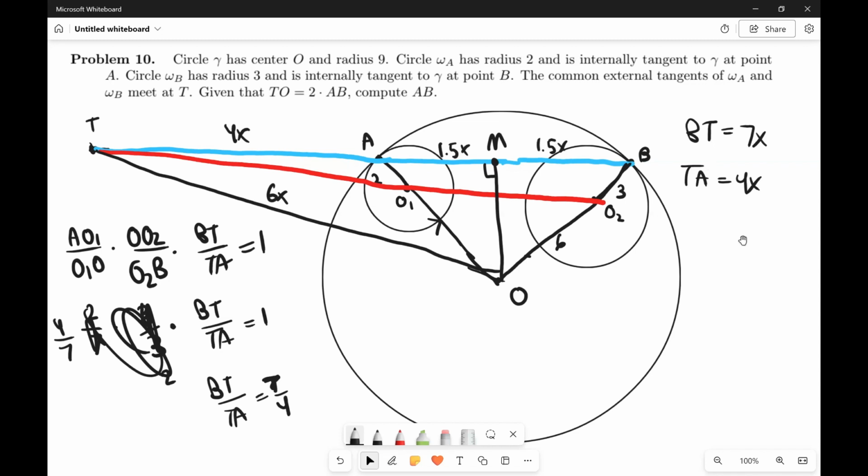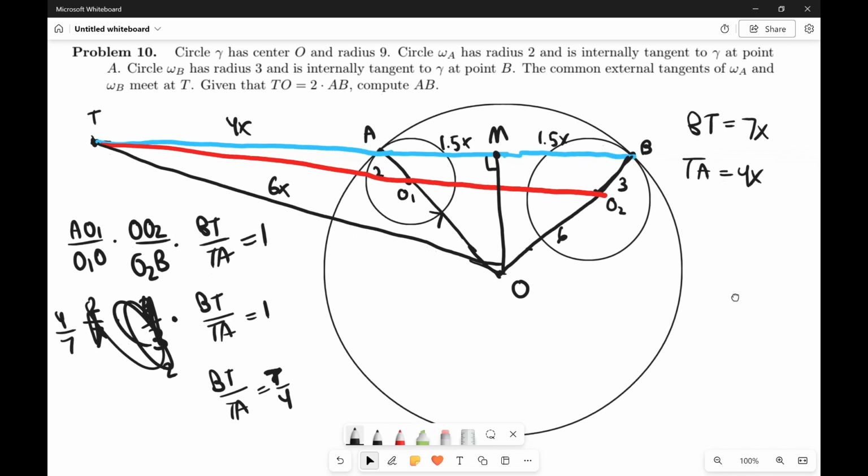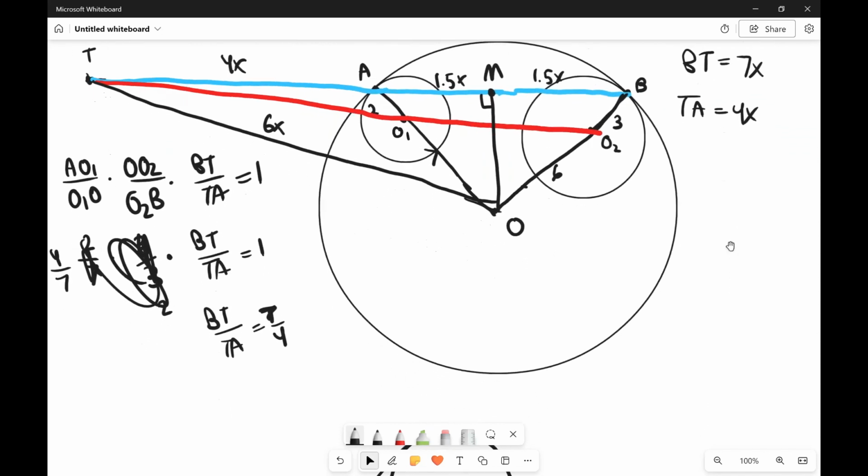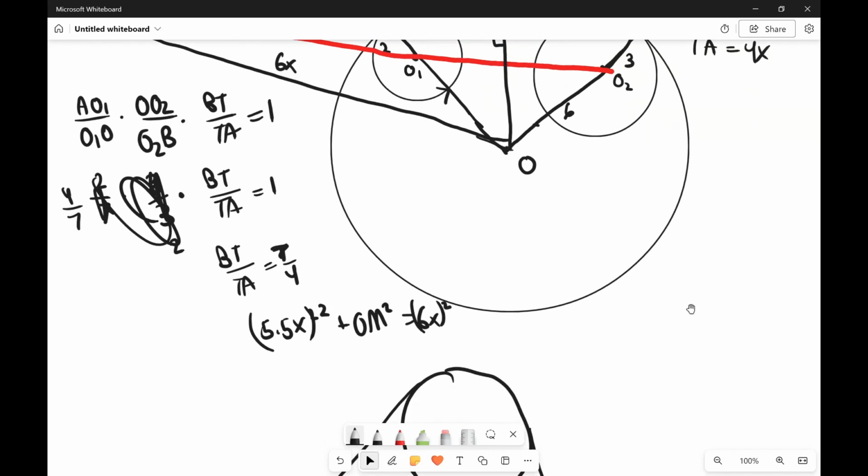Now we can use the Pythagorean theorem on triangle TMO and get that (5.5x) squared plus OM squared is equal to (6x) squared. And then we end up getting that OM squared is equal to 23x squared over 4.